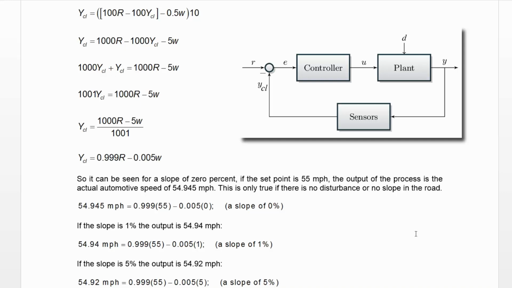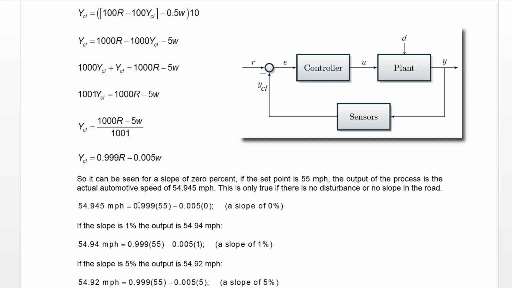Okay. So when we calculate this, if we put in 0.999 times R minus 0.005 times 0, this becomes 0, and we get 0.999 times the set point. 0.999 times the set point is 54.945 miles per hour.